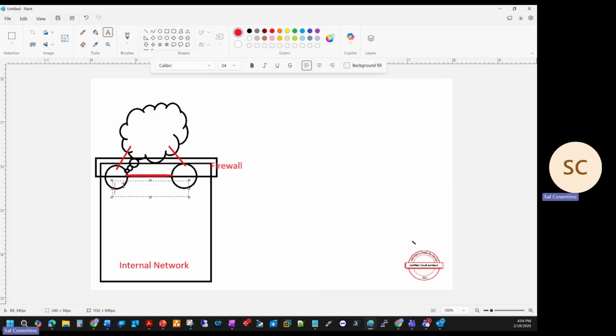This could be your left router, R1, and this could be R2.